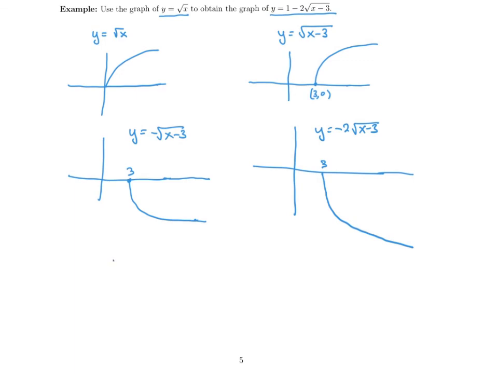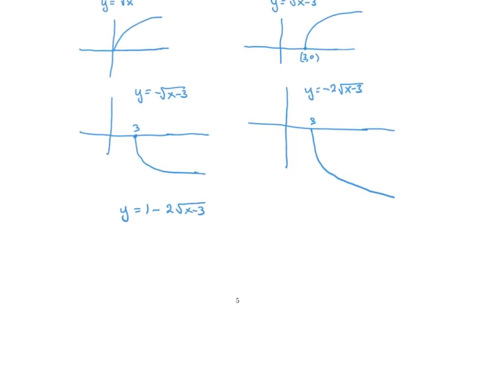And finally, if I just add 1 to this, I get y equals 1 minus 2 times the square root of x minus 3, and that just shifts the previous graph upwards by 1 unit. So now this graph starts at the point 3, 1, and it looks like the previous graph from there on in. Basically, it's the previous graph shifted upwards by 1 unit.